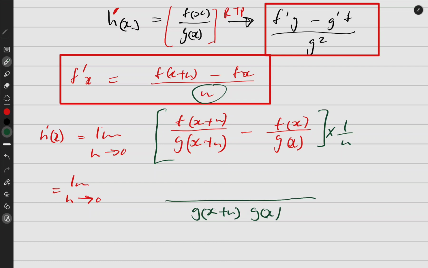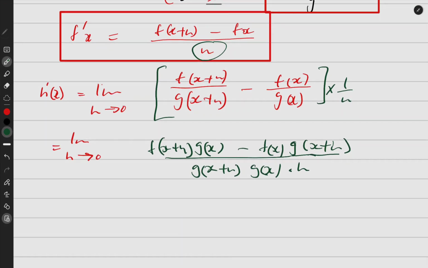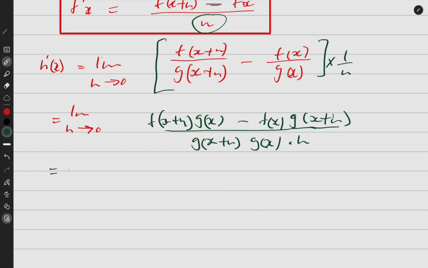There is going to be f of x plus h times g of x on this side, minus f of x times g of x plus h on the other. Remember outside we have that h, so I can just plug it in here. We're still saying limit as h approaches 0.